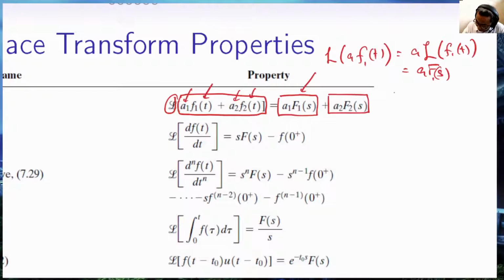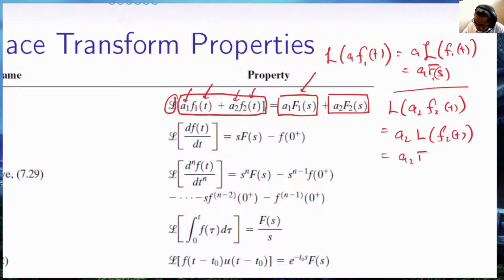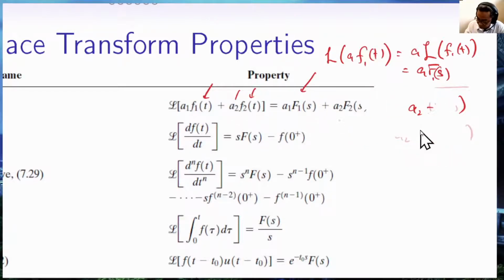And similarly, the Laplace transform of a2 f2(t) is equal to a2 times the Laplace transform of f2(t), which equals a2 F2(s). And individually, they can be summed together such that this happens. So this is the linearity property, and it's a very big deal. We also say that the Laplace transform is a linear operator.